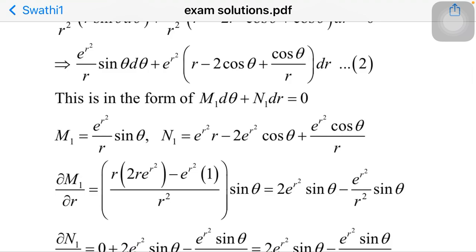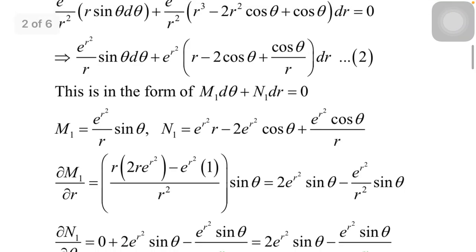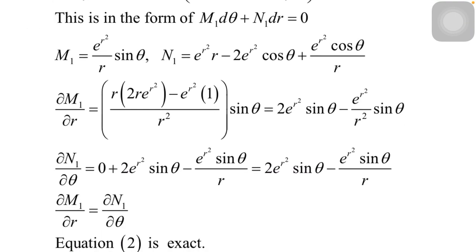Now it is in the form of M1 d theta plus N1 dr is equal to 0. So M1 is e power r square into sin theta by r, N1 is e power r square into r minus 2 into e power r square into cos theta plus e power r square into cos theta by r. Now again find out dou M1 by dou r.